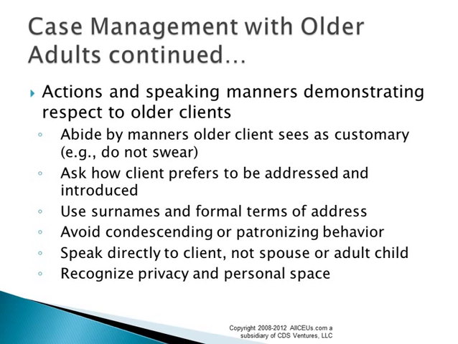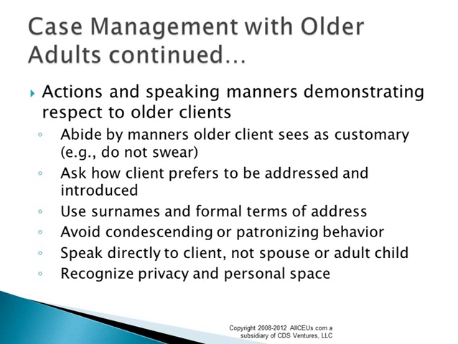Speak directly to the client, not the client's spouse or adult child, when the client is present. Even if they are not able to respond, say they have advanced Parkinson's or something that makes communication difficult, it's still more appropriate to talk to the client, make eye contact with the client, than it is to talk about them with their significant others who are in the room.